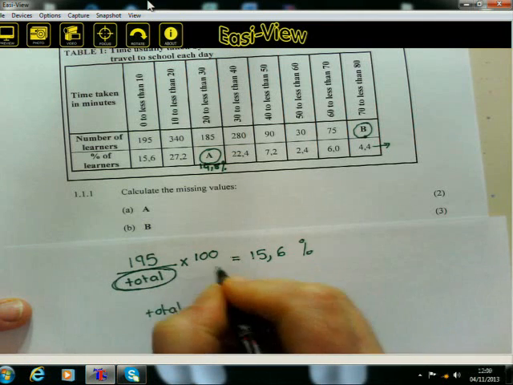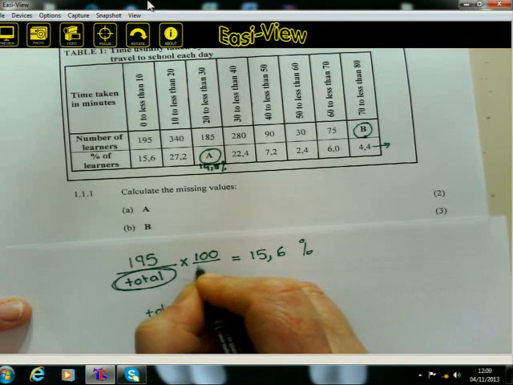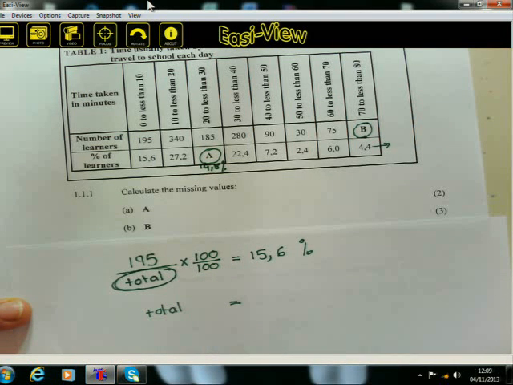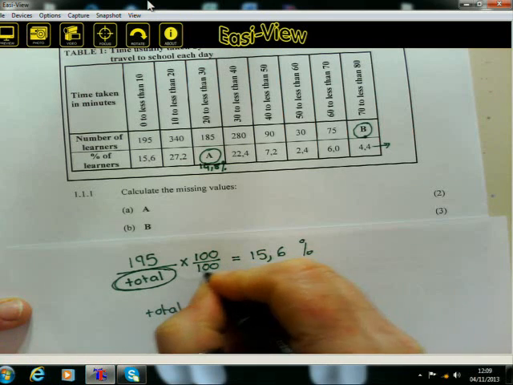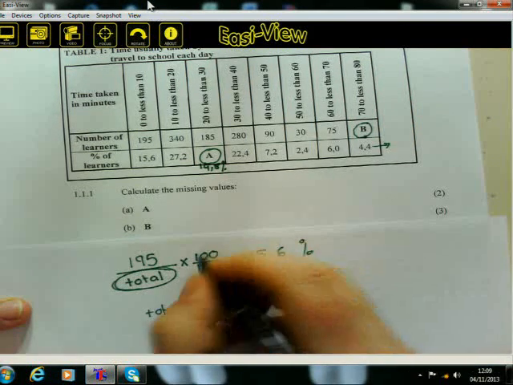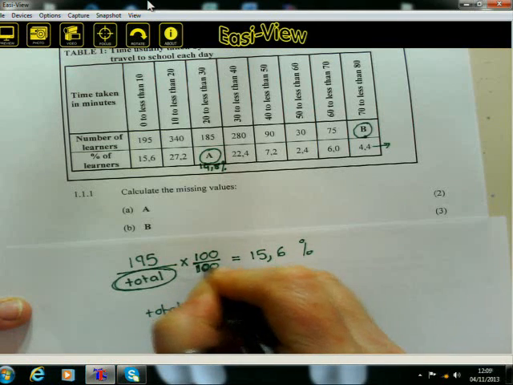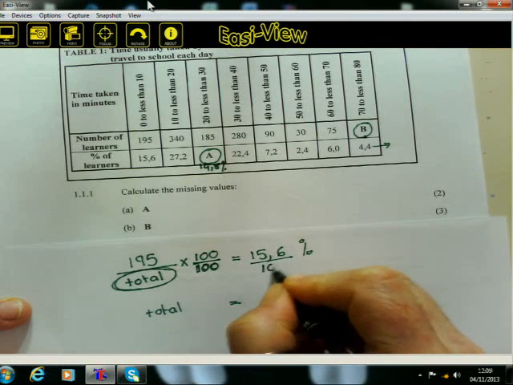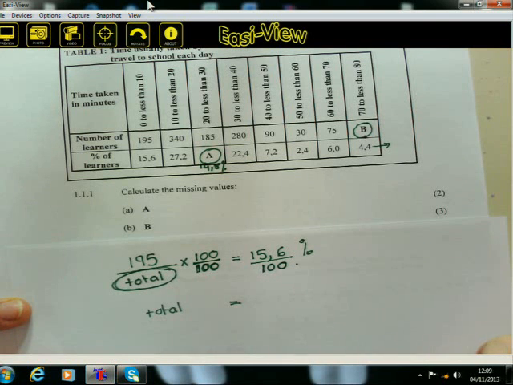So what I can do is take the 100 to that side. And what do I do when I take 100 to that side? I must cancel it on this side. If I divide by 100 on this side, it's okay, but then I must also divide by 100 on that side.